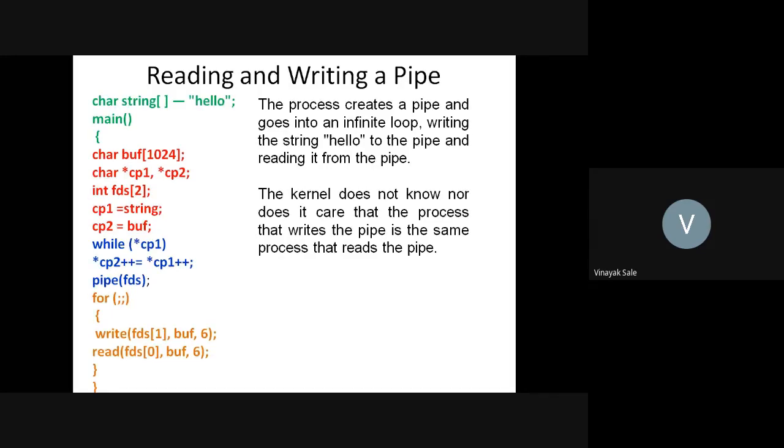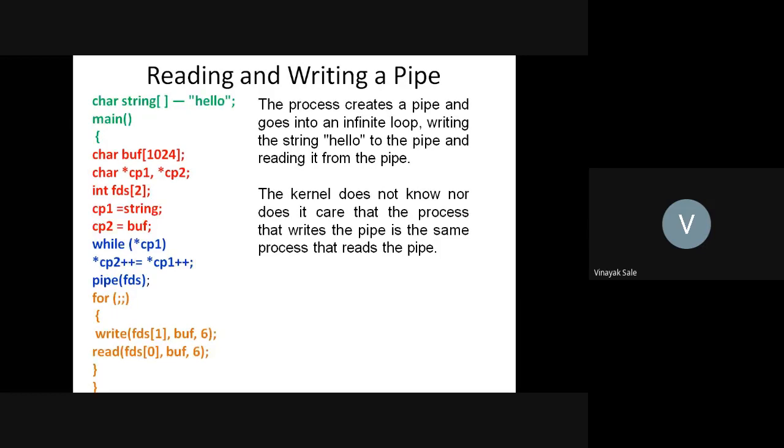It writes to file descriptor 1 the buffer with reference number 6, and reads from file descriptor 0 the buffer with reference number 6.